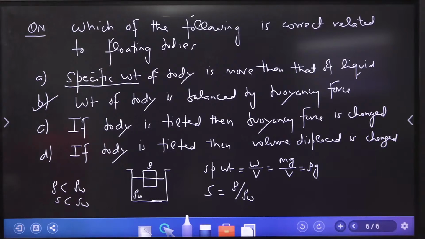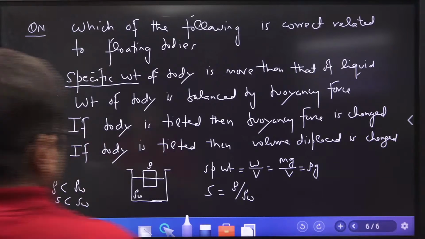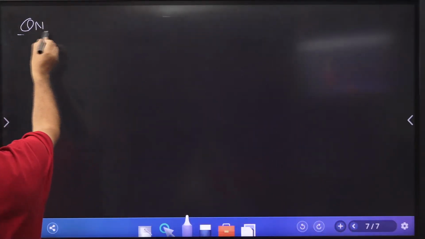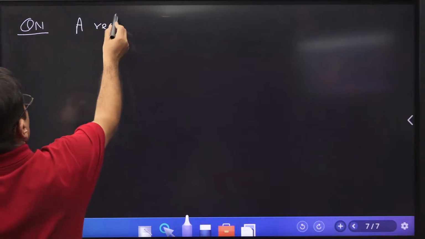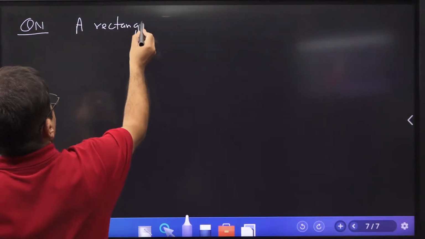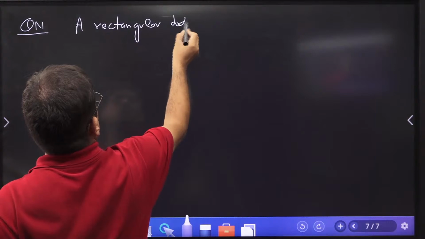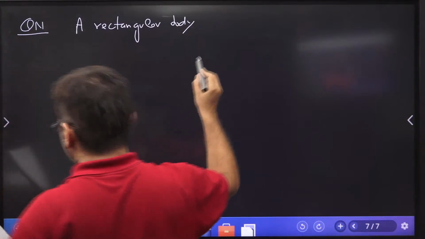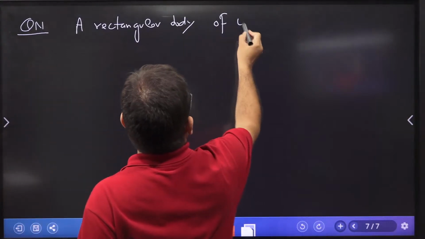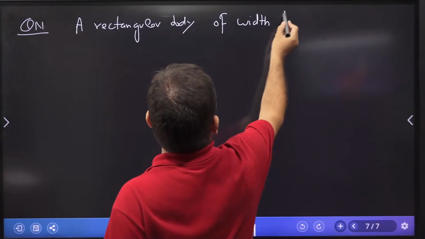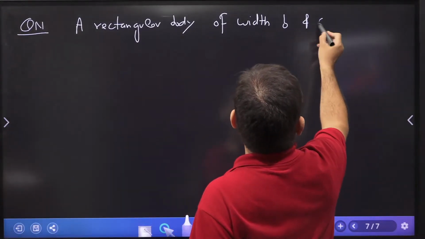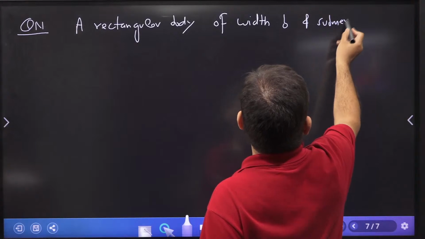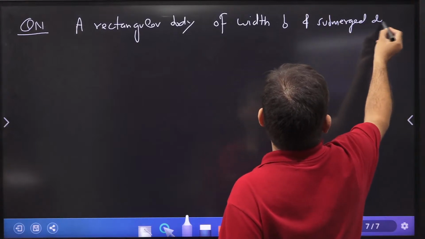Let me give you a question now on the metacentric height, and this is what is expected. Let me give you a numerical question. A rectangular body, you can write this question with me. A rectangular body of width b, which is given to us, and we are also given the submerged depth.